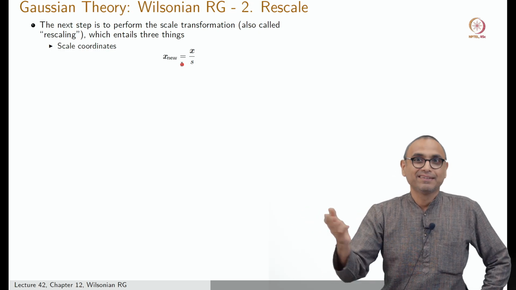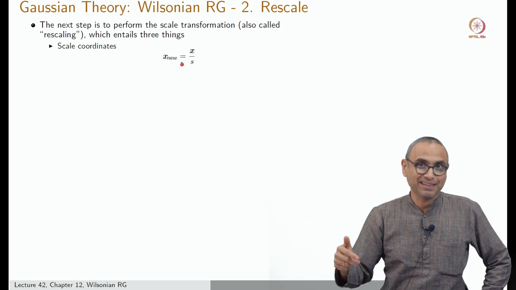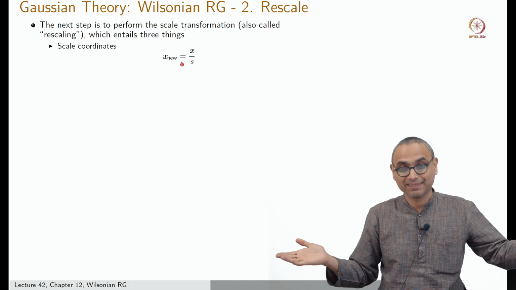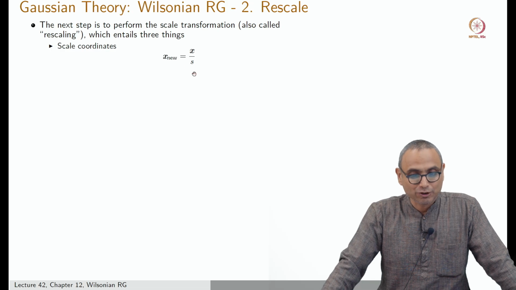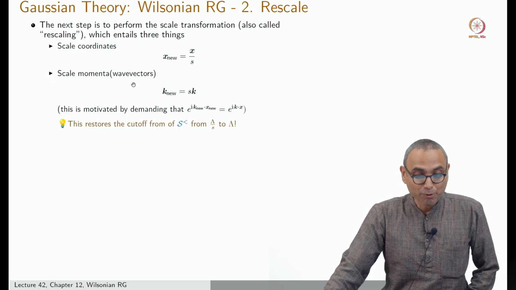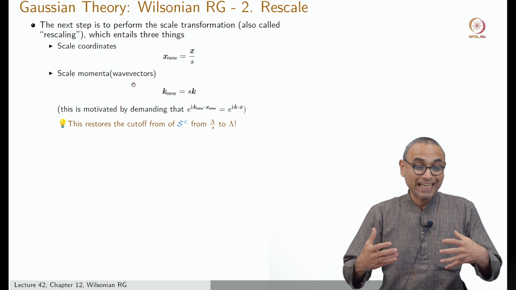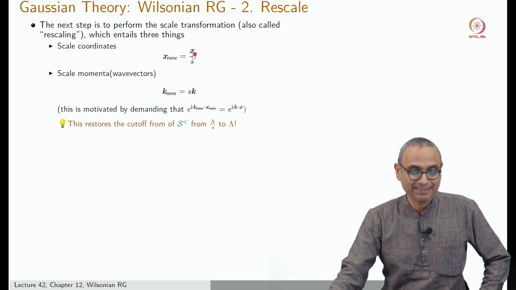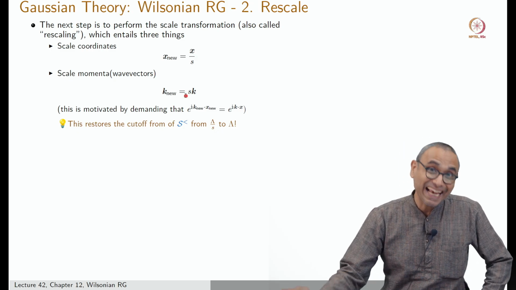Mumbai to Bangalore will on a map show up as a few centimeters, but it's hundreds of kilometers. Okay. Now scale the momenta. How do you scale the momenta? In the opposite way as the positions. So the new momenta will be s times k.